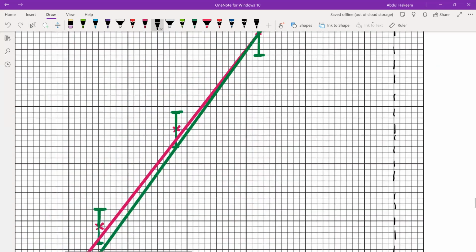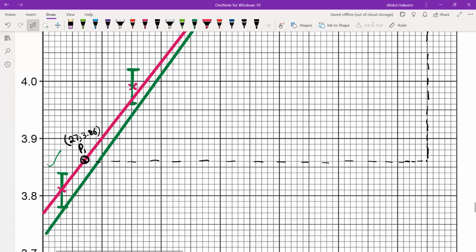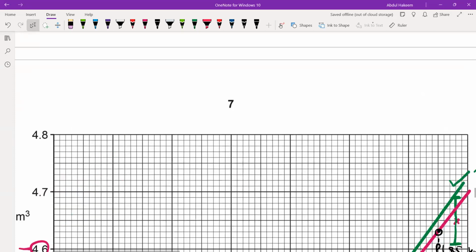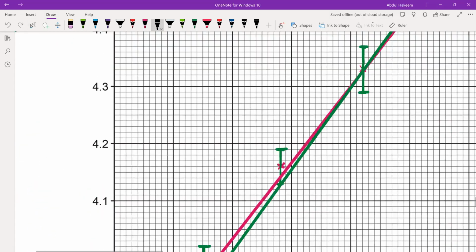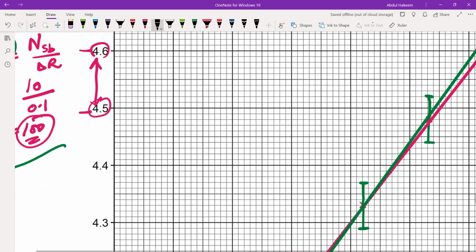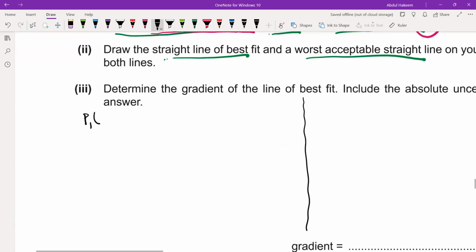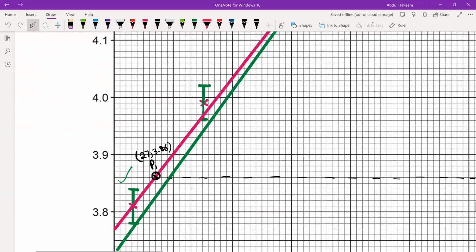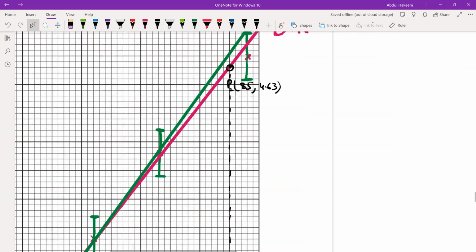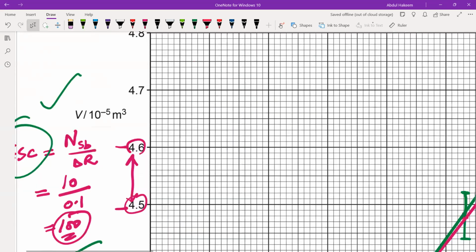Okay, now copy these points here for the gradient. So divide this portion into two parts. So this P1 of the best fit is 27 and 3.86, and then the P2 point is 85 and 4.63.